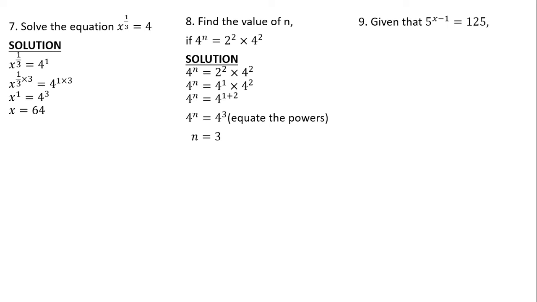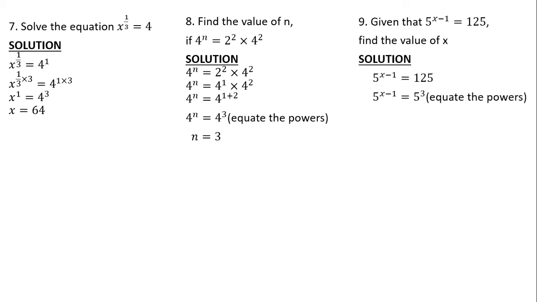Question 9. Given that 5 to the power x minus 1 is equal to 125, find the value of x. What we are going to do is to change 125 into a power with a base 5. We have to have the same base. 125 is the same as 5 to the power 3.